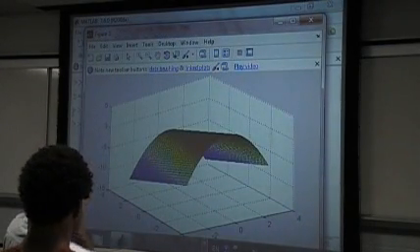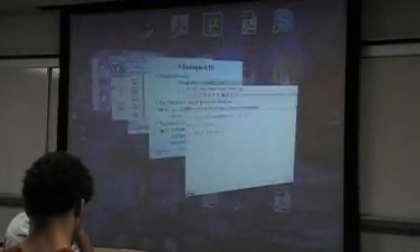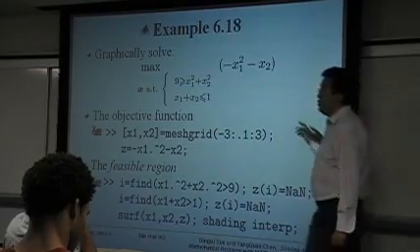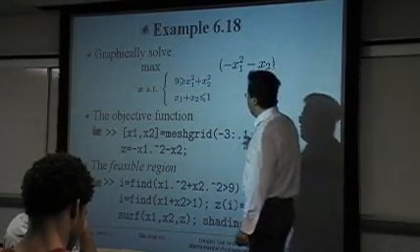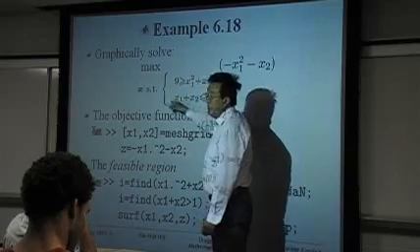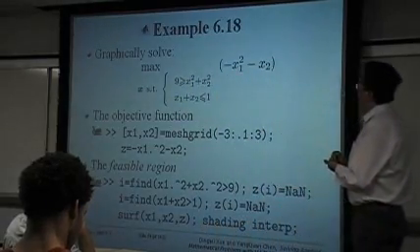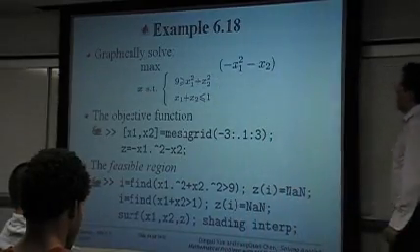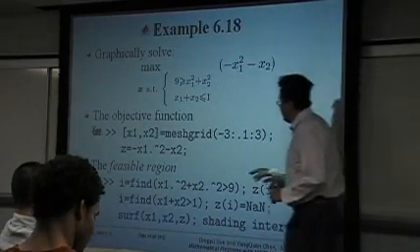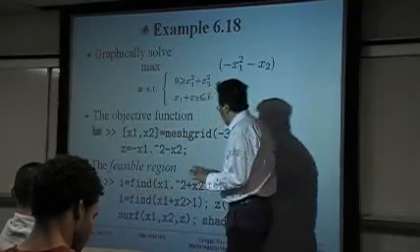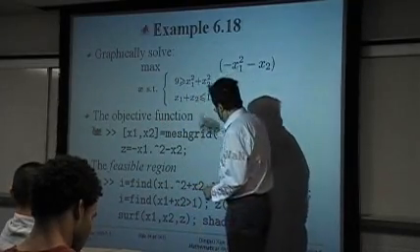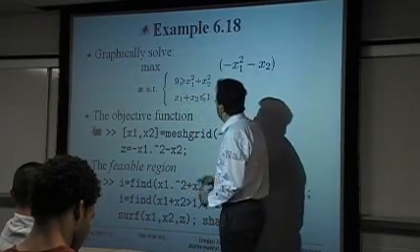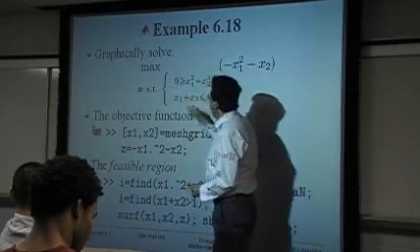It should be noted that not all the points on the surface are feasible solutions to the original problem, because we didn't consider this part yet. So how can we consider this part? We can do it like this. For certain values, we can try to find for what kind of x1 and x2 values this inequality does not hold.